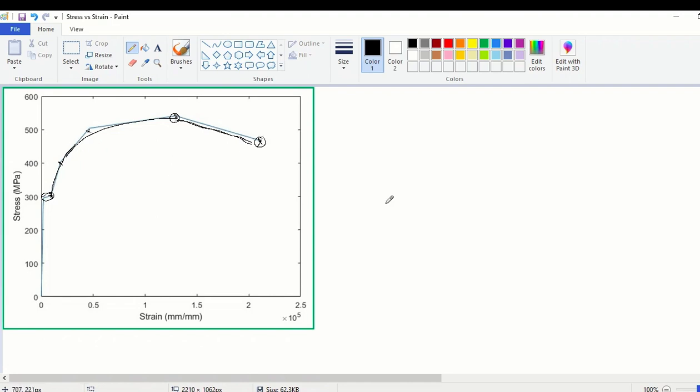And if you enlarge this up to the proportional limit, and you know this value and this value, that means you can find the slope. From that you can find the E value. This is the slope. Are you getting my point? Yes, sir.